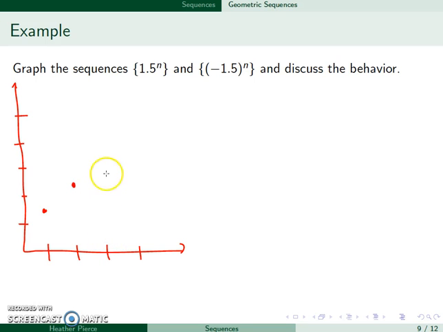Cubed will be 3.375. And then to the fourth power, 5.0625. So we can see that these are getting bigger and bigger and bigger.